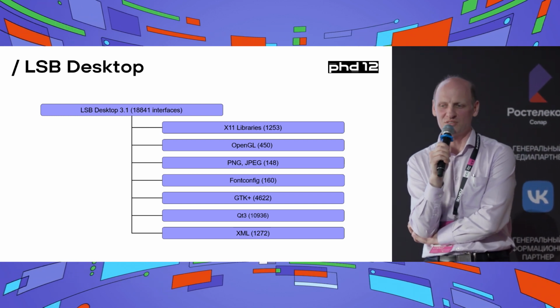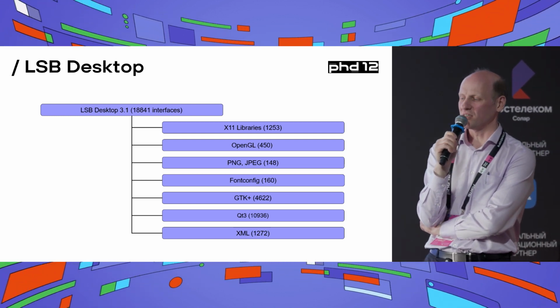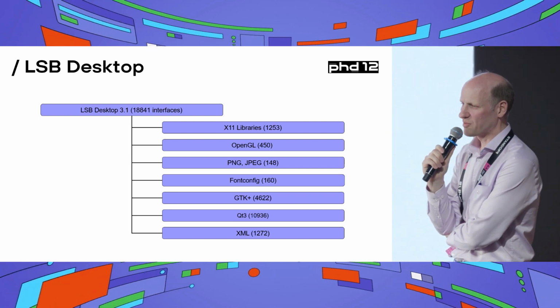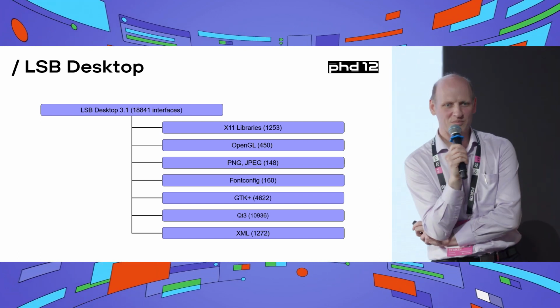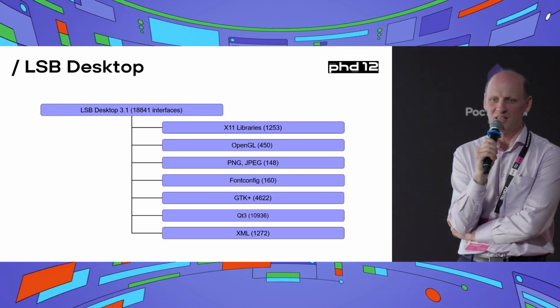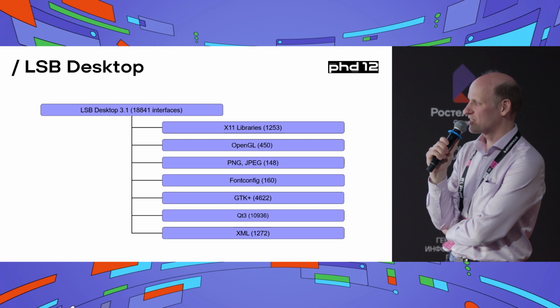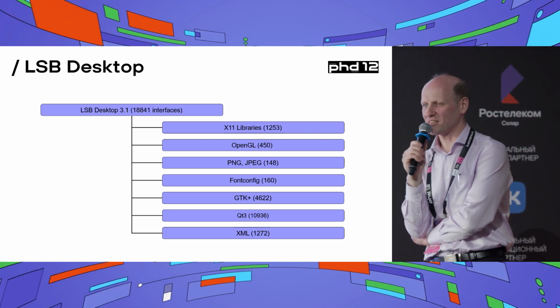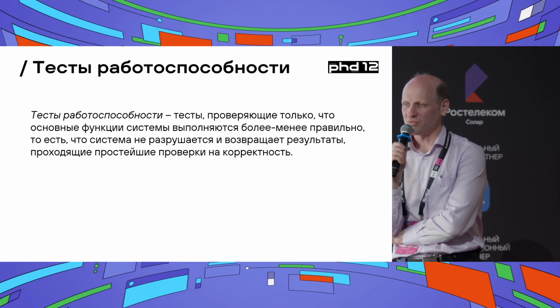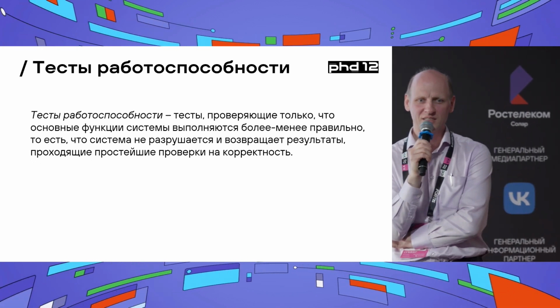We thought, could we do a test to understand that the system is workable? Because that became part of the certification test kit in OSB. And we wanted to have tests that would indicate that things are going well.